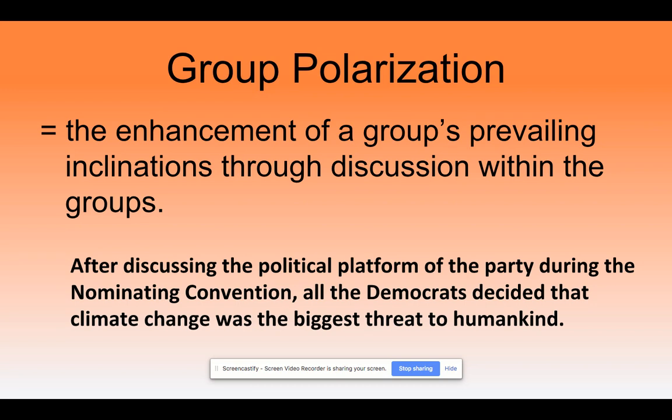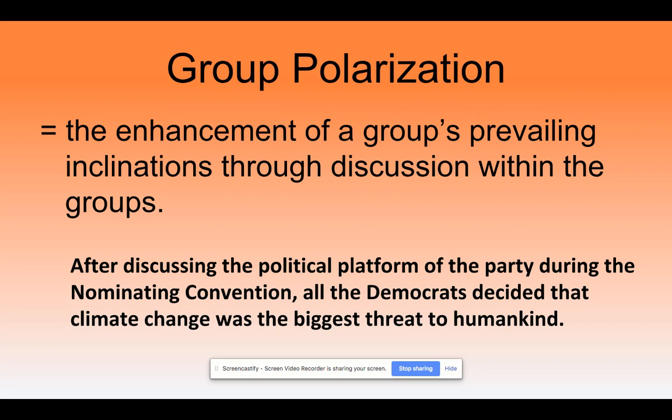So here's an example. After discussing the political platform of the party during the nominating convention, all the Democrats decided that climate change was the biggest threat to humankind. Now, within the Democratic convention, within that group of people, there are probably folks that believe there are other things that are a big threat to humankind.